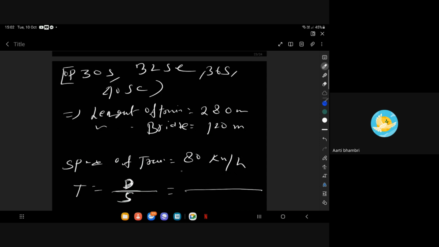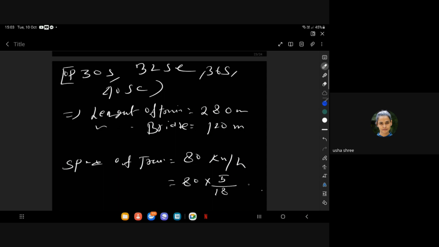First you convert it into meter per second because answers are also in second and total distance is in meter. So to convert it to meter, what you have to do? For converting kilometer per hour to meter per second, you multiply by 5 by 18.